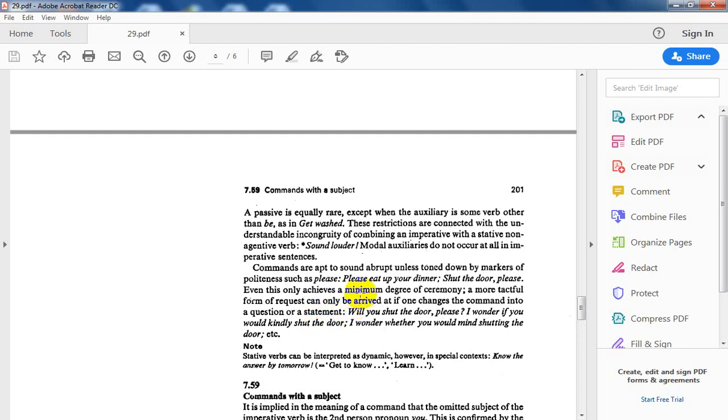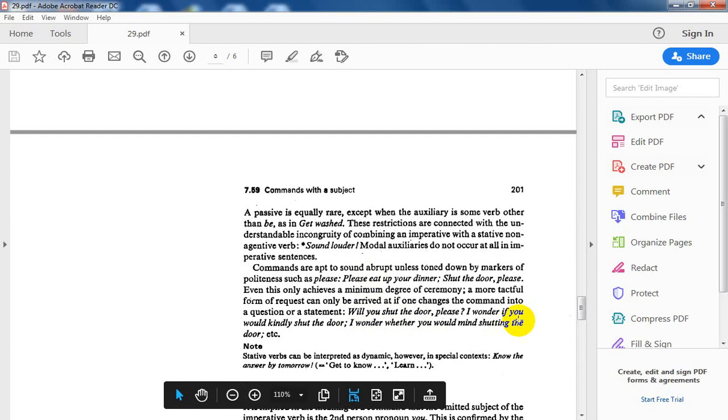I can make the command from an order into a request by changing it from a normal command, without a subject and starting with the base form, to a question or a statement.